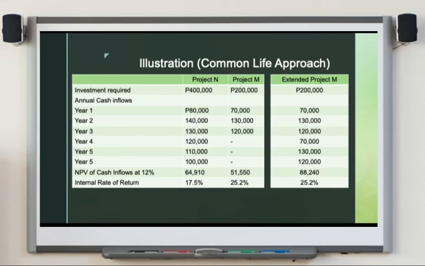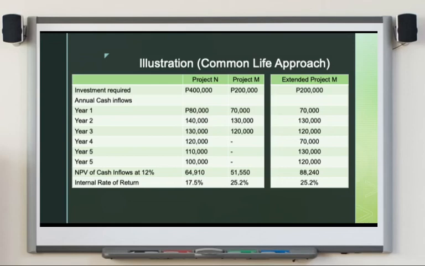So we try to extend the lifespan of Project M to check whether the NPV will be higher than Project N, because using internal rate of return, we already confirmed that Project M is higher than Project N, but using NPV, Project N is higher than Project M.